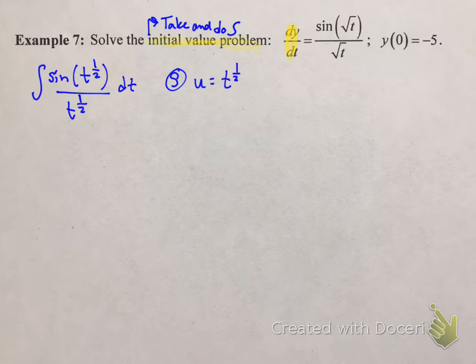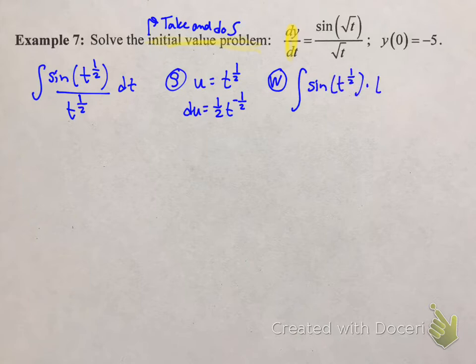If I do that, I get du equals 1/2 t to the negative 1/2. So my original function, if I rewrote it, I'd write it out as sine t to the 1/2 times t to the negative 1/2 dt.